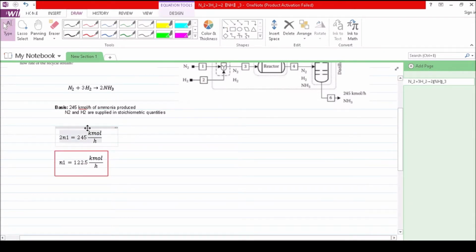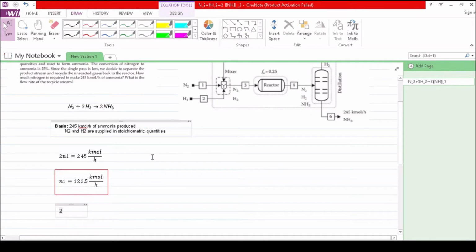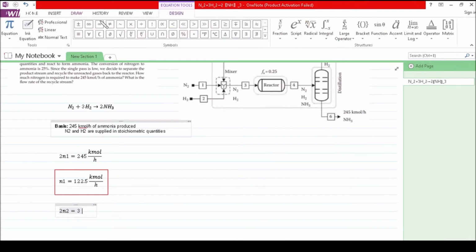And for the mole balance of hydrogen in the system, we have 2 moles of hydrogen multiplied by the flow rate N2 equal to 3 moles of hydrogen multiplied by 245 kilomole per hour.